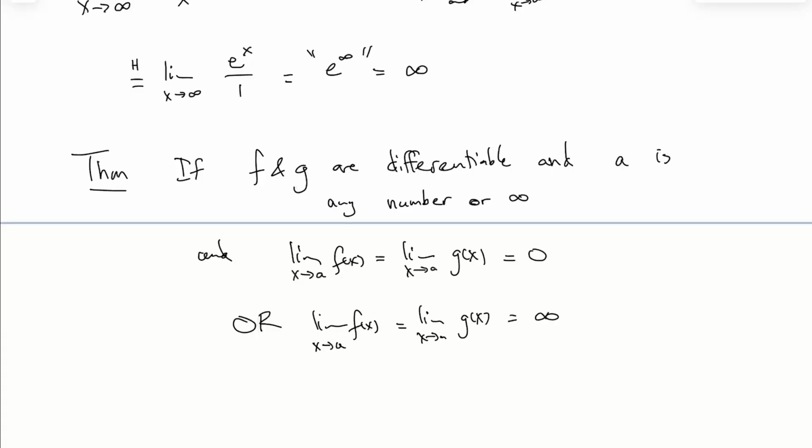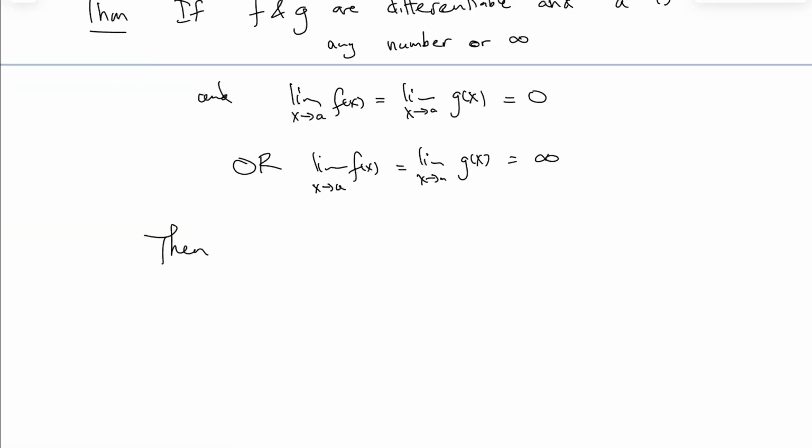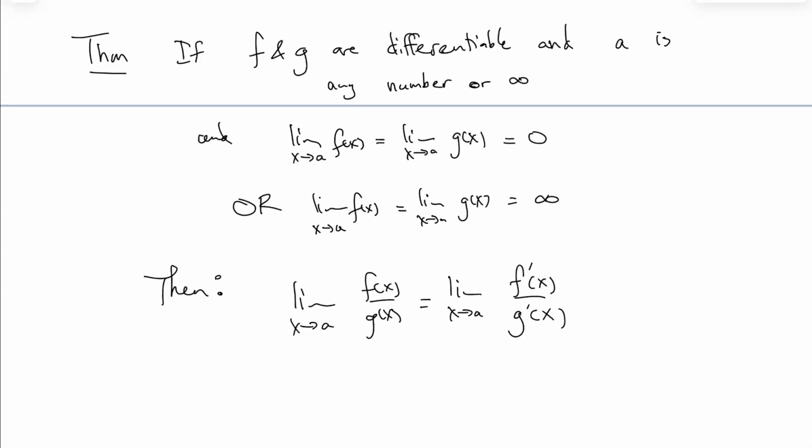In either situation, then the conclusion is lim x goes to a f of x over g of x is lim x goes to a f prime of x over g prime of x, right? This is the formalized statement of the L'Hopital's rule.